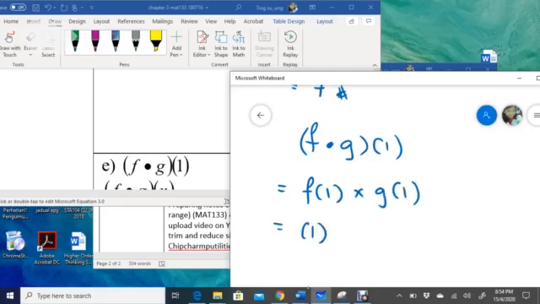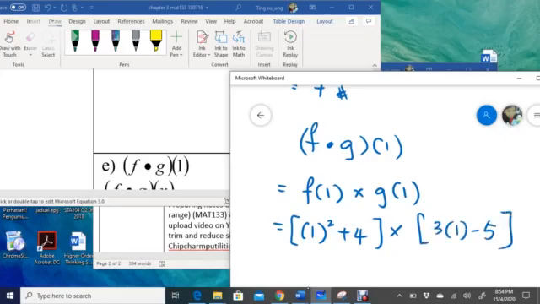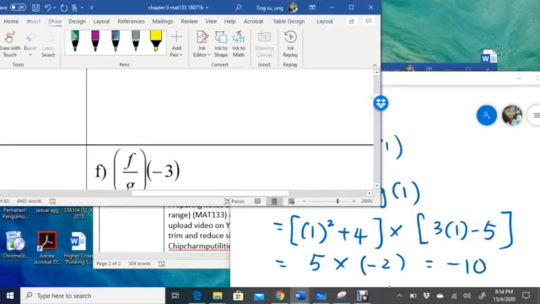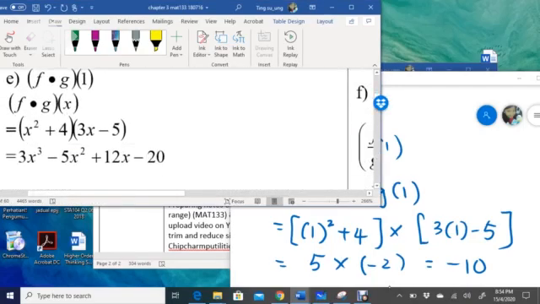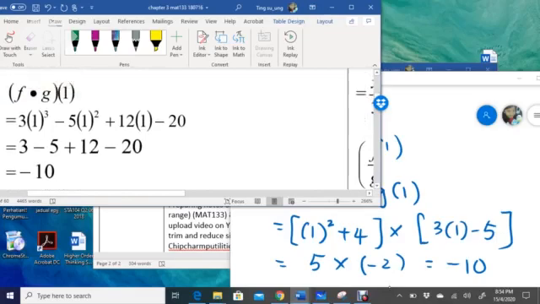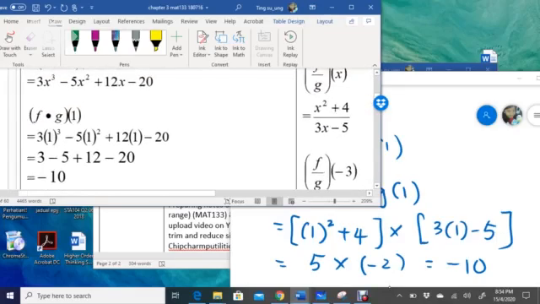So you have 1 squared plus 4, multiply with 3 times 1 minus 5. So you have 5 times negative 2. That's why you have negative 10. So you will still get back the same thing. Either way will do.